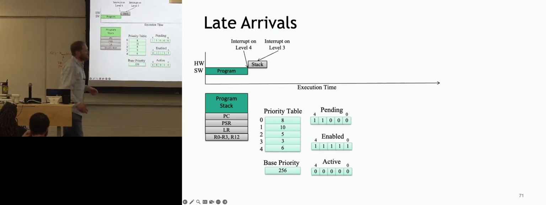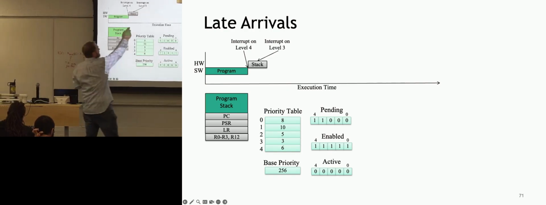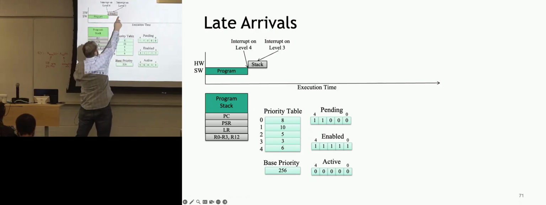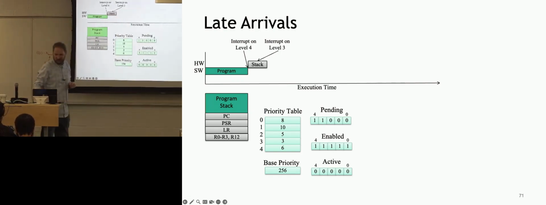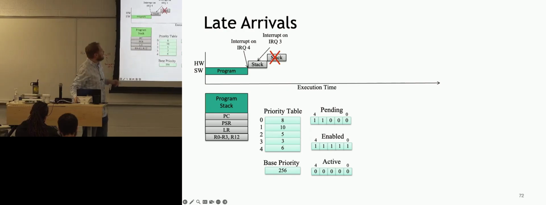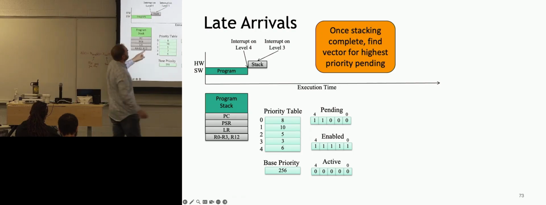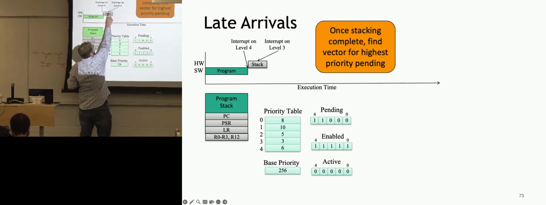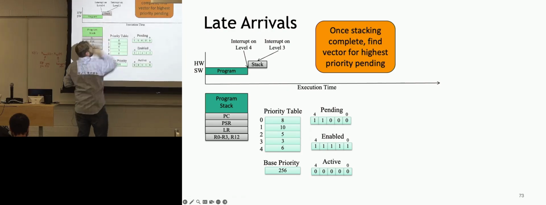What you wouldn't want to do is double stack, like stack this, then start 4, and then immediately have to stack it. That wouldn't be effective. So you don't want to do this. It doesn't really make sense because nothing happened in 4 yet needing to stack. So all you do is you just change the priority at the last minute, or change which interrupt is going to be there.